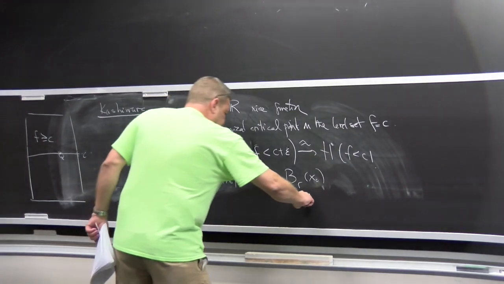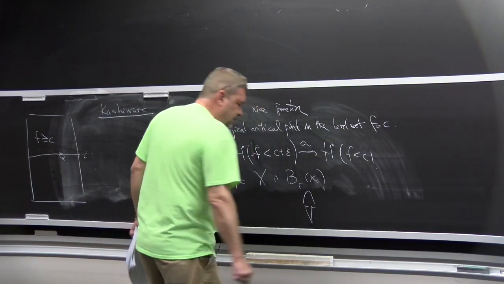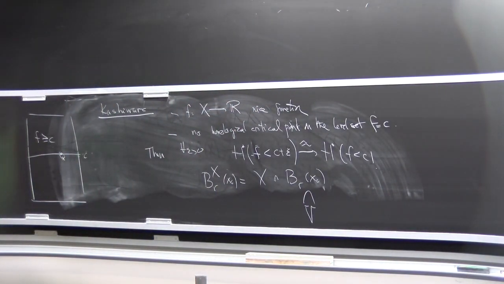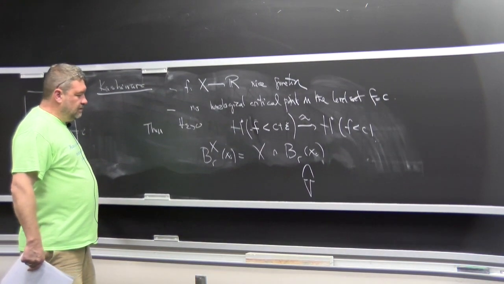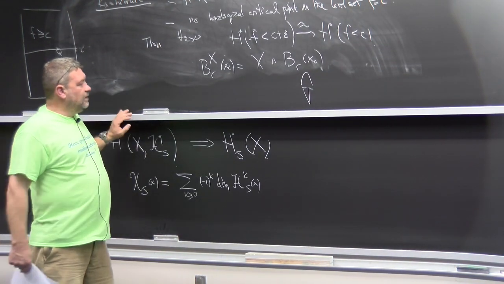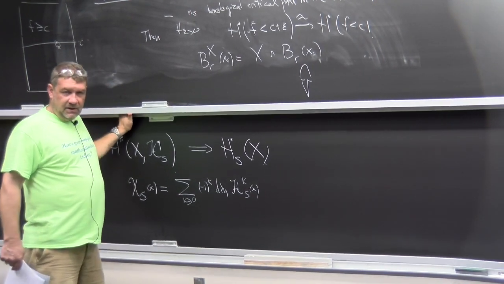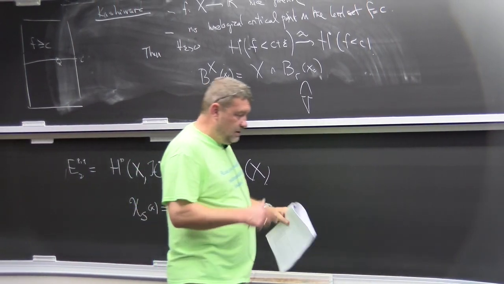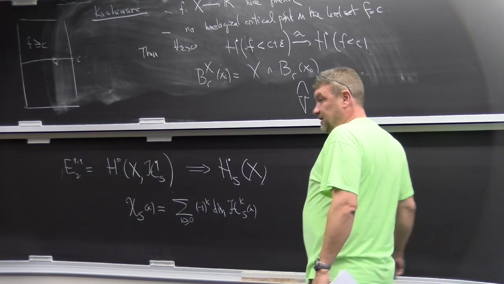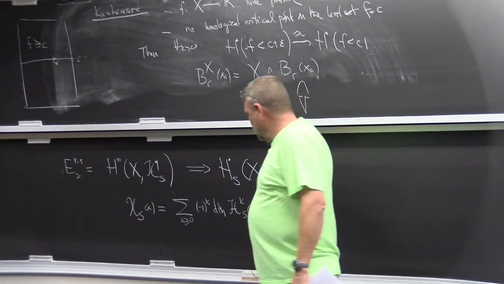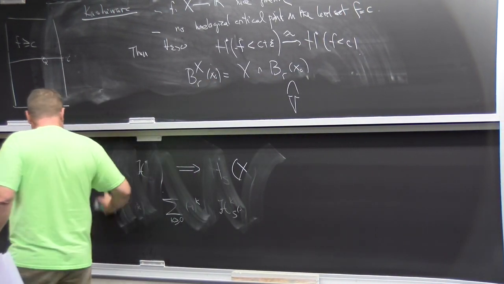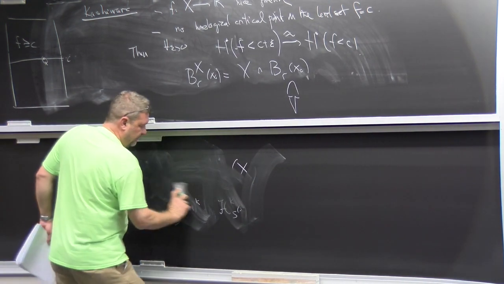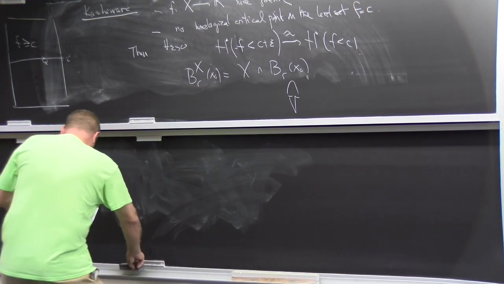This sits in the ambient Euclidean space, so it's the ball in X with respect to the induced metric, metric in the sense of analysis, not in the sense of geometry.